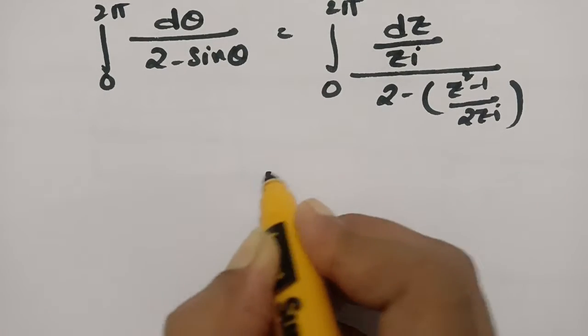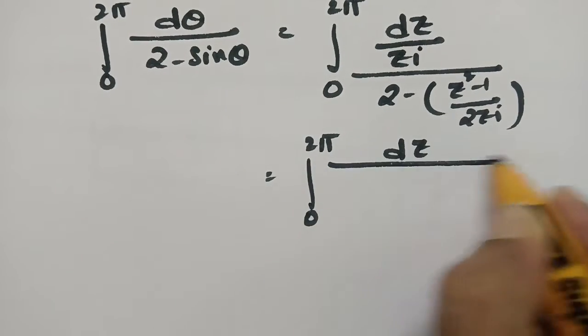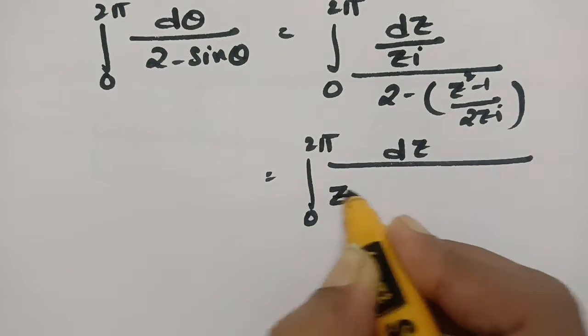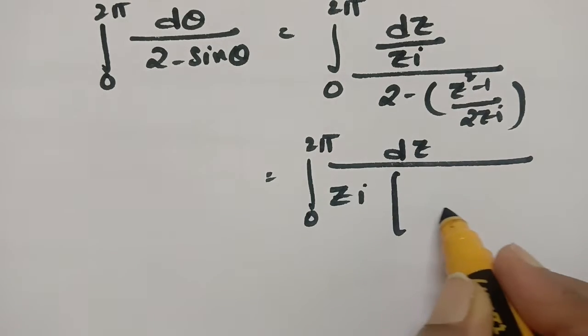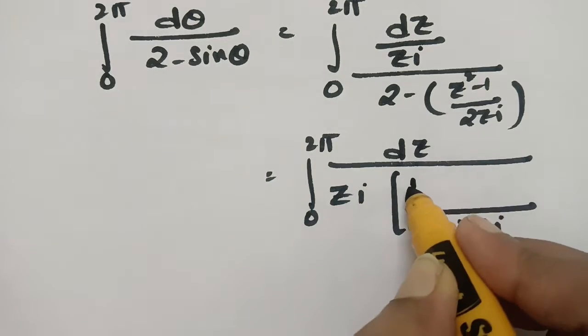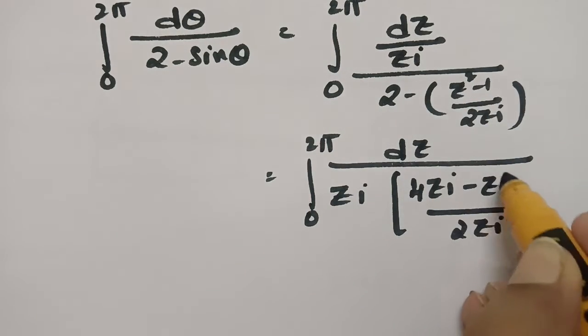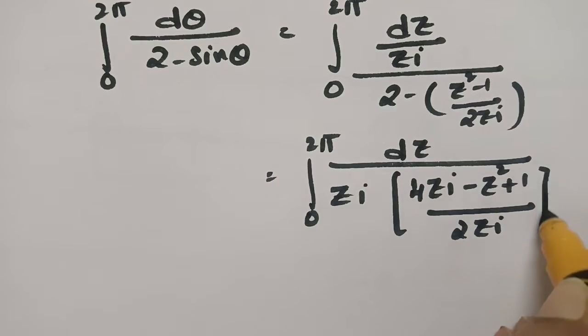Clear? Now this will be integral dz by zi, and if I take 2zi as the LCM here, this will be 4zi minus z square plus 1.